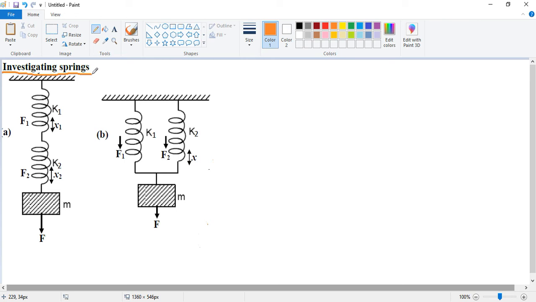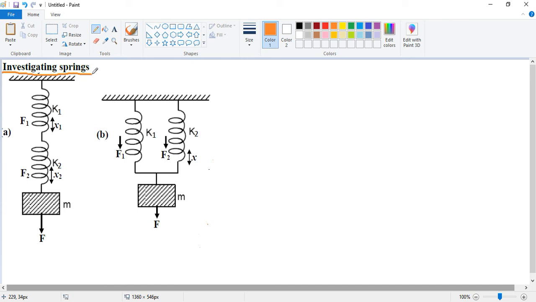I want you to remember that if a material is deformed elastically, and the deforming force is removed, the material regains its original length or shape.